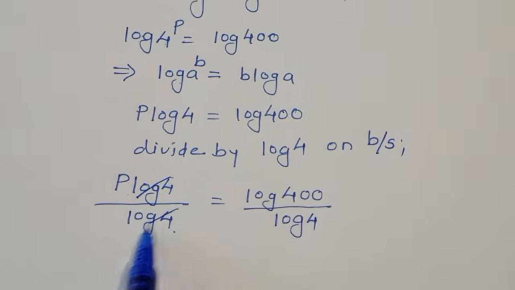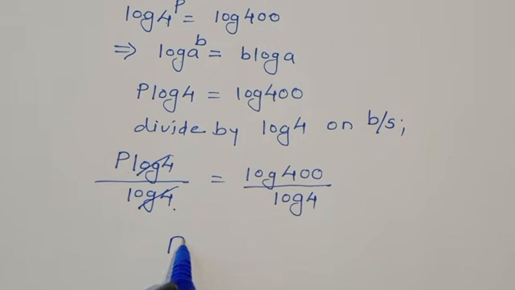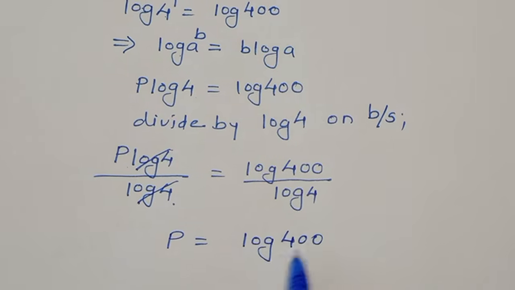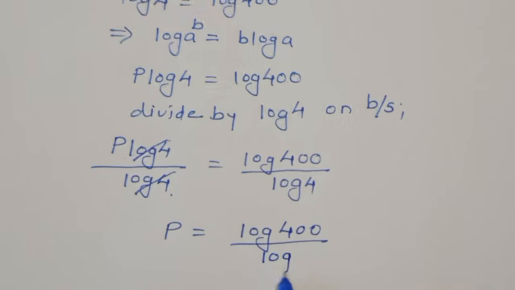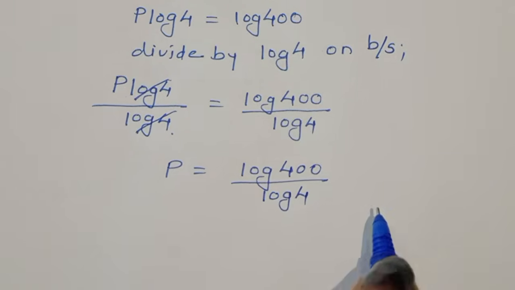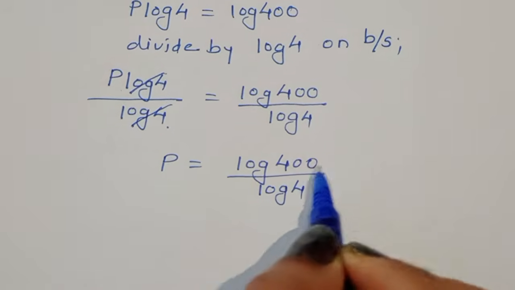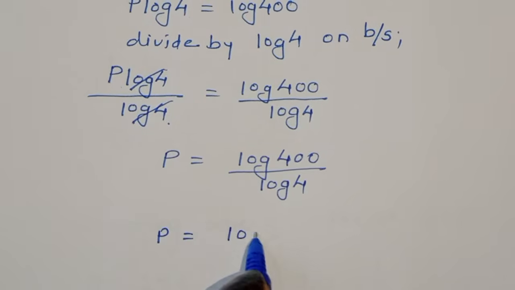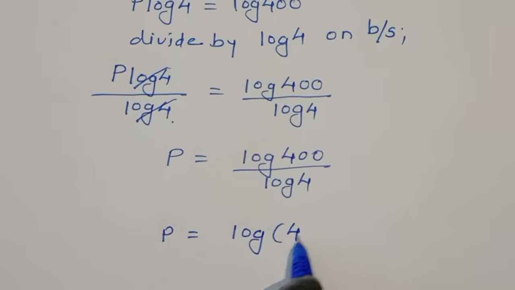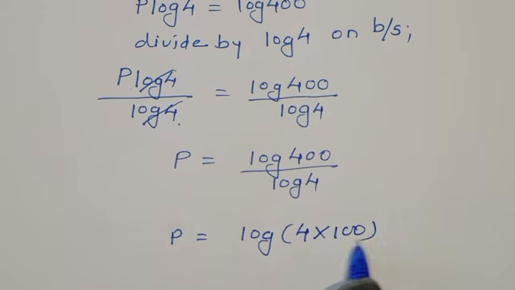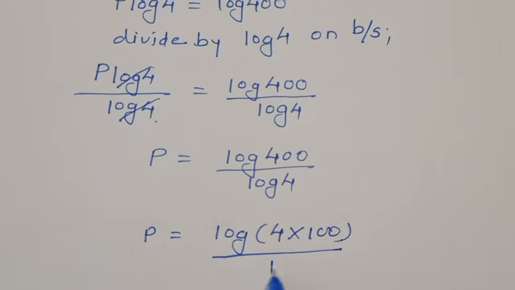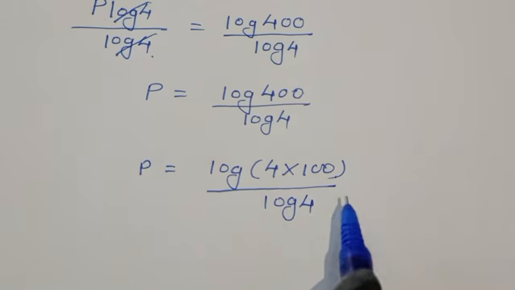So here p is equal to log of 400 divided by log of 4, right? Now log of 400 we can write as log of 4 times 100, divided by log of 4.